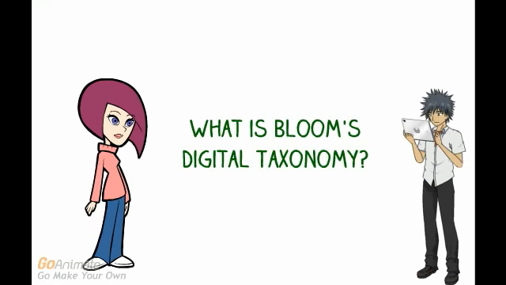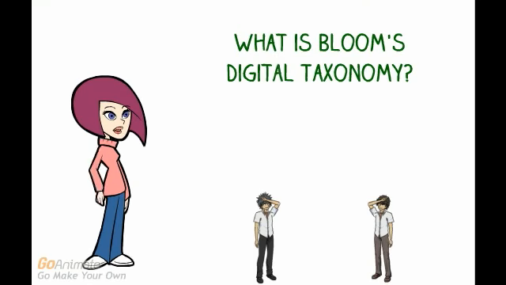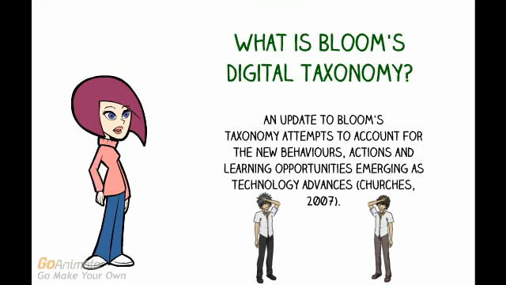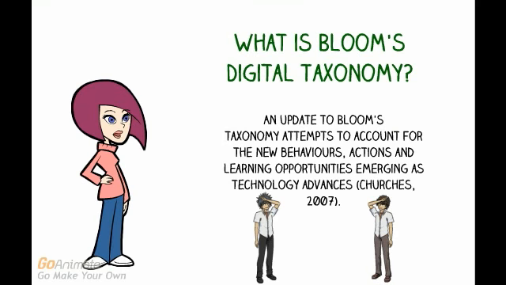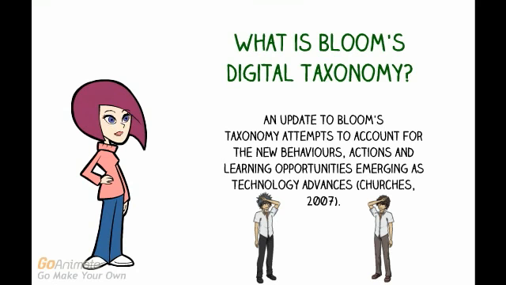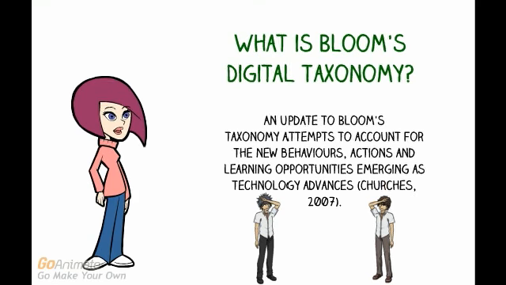That's why Church came up with digital verbs equivalent to the digital actions needed, and then produced them as Bloom's Digital Taxonomy. Bloom's Digital Taxonomy is an update to Bloom's taxonomy that attempts to account for the new behaviors, actions, and learning opportunities emerging as technology advances.